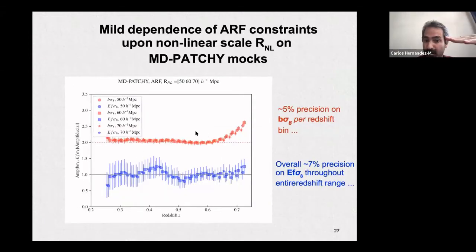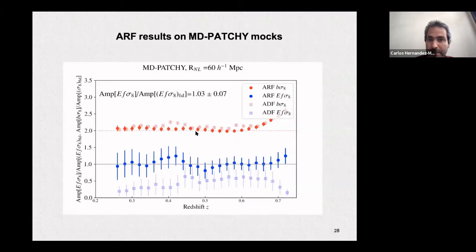So this is the average of 300 simulations from the patchy mocks, which resemble BOSS data release 12. In particular, when we pick the nonlinear scale of 60 megaparsecs, we find about a 7% error, and that the recovered velocity amplitude is around unity, which is the ratio over the fiducial model, over the expectation for lambda CDM, and these are for the biases, right? What we also find is that for the angular redshift fluctuations, this is not biased, right?